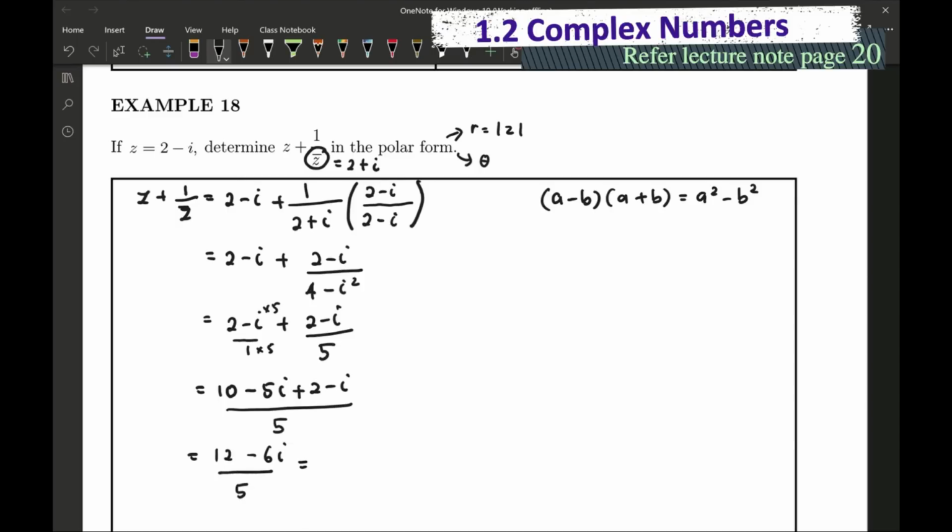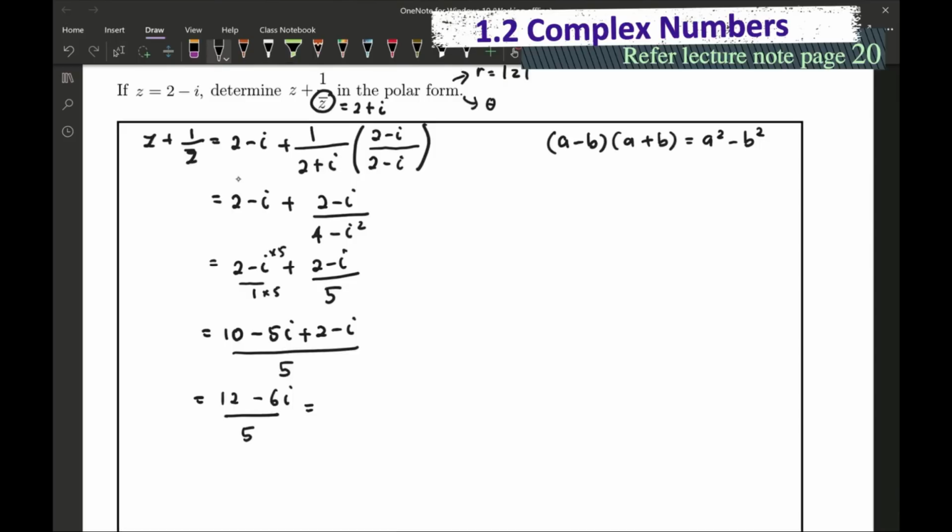To make it easy to find our a and b, we separate the real part and the imaginary part. So our real part is 12 over 5 minus 6 over 5 i.